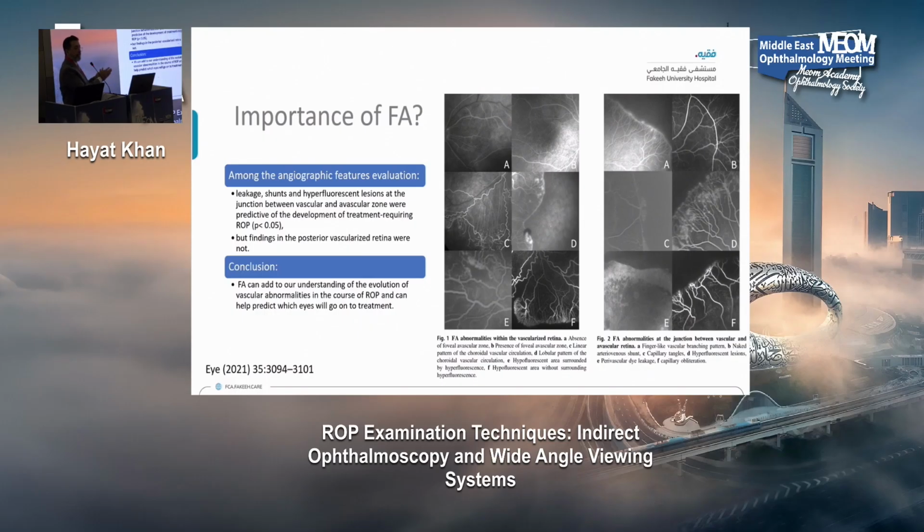When they compared the two, especially when predicting where this child will go in the next few days, they found that the ones having these abnormalities right at the periphery were more meaningful, and those kids were more likely to get into issues than the ones where those same abnormalities were within the vascular area, let's say the posterior pole.